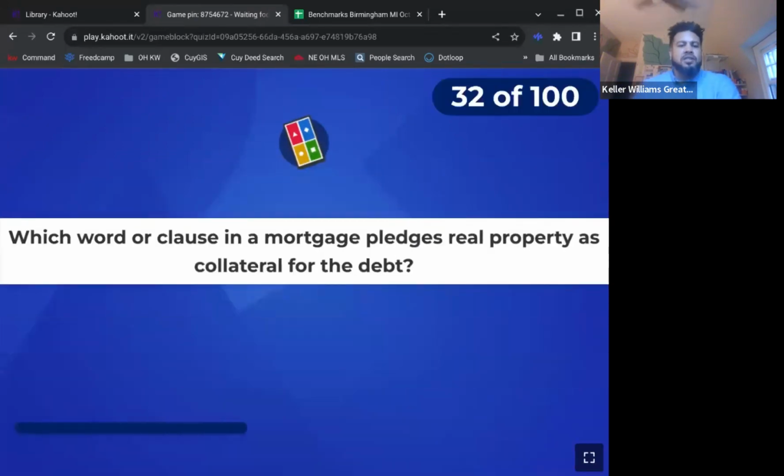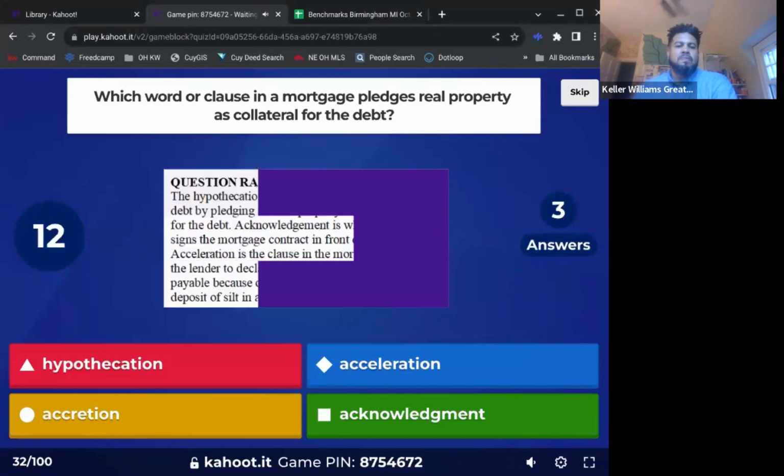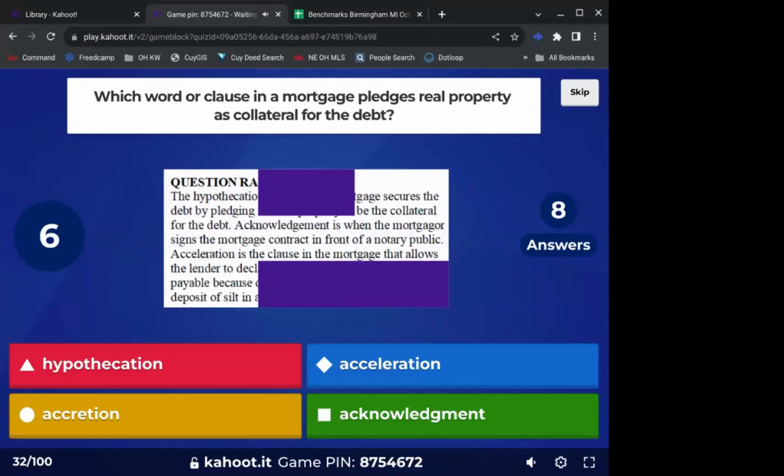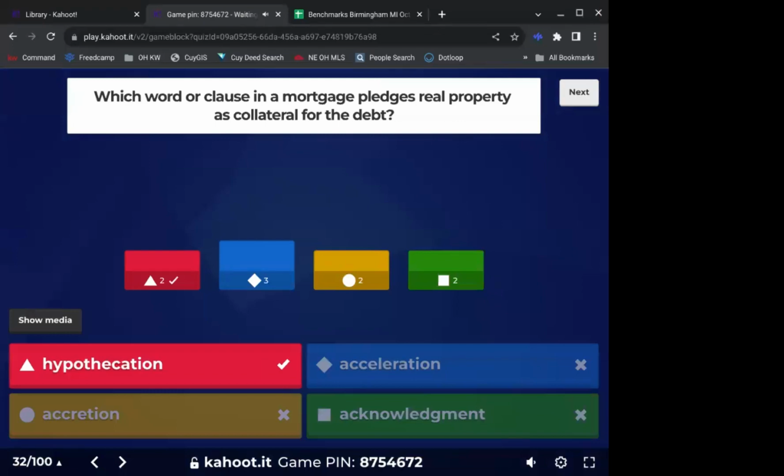Which word or clause in a mortgage pledges real property as collateral for debt? Accretion. Yo. It's hypothecation. Okay.